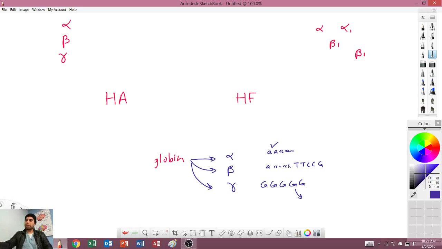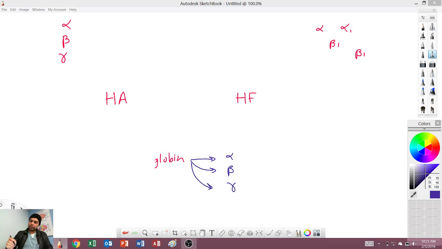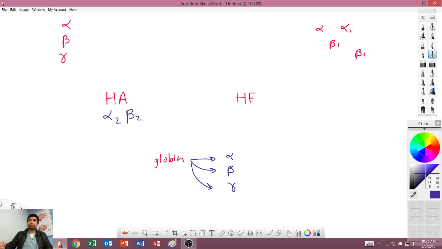Correct? Okay. Now, adult hemoglobin is alpha 2, beta 2. That's adult hemoglobin. Fetal hemoglobin is alpha 2, gamma 2. Okay, so there's a difference. Now the difference is not in alpha, the difference is what?